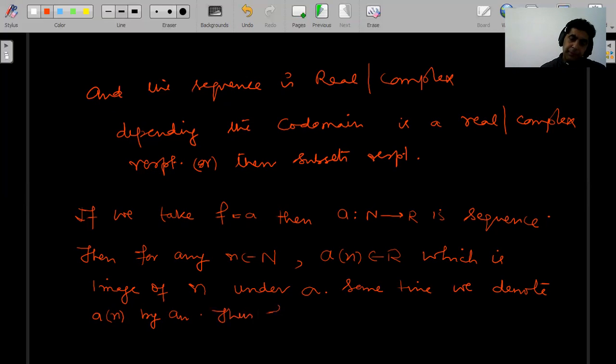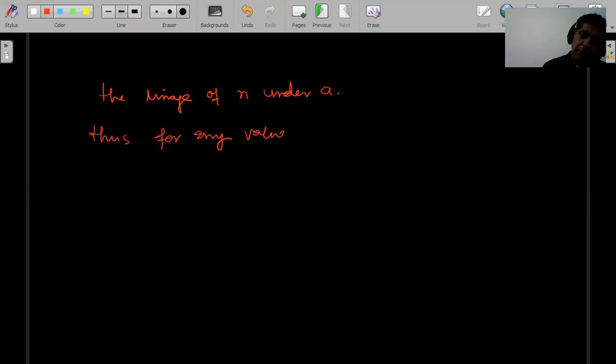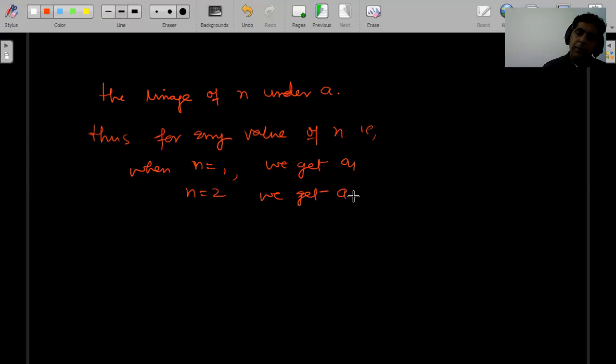Thus, for any n belongs to N, An denotes the image of n under A. Thus, for any value of N, that is when N is equal to 1, we get A1, N is equal to 2, we get A2, and so on.